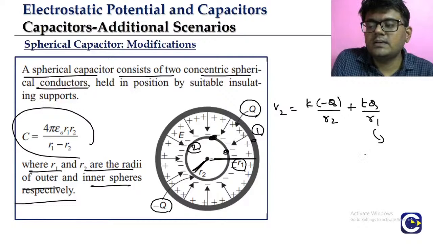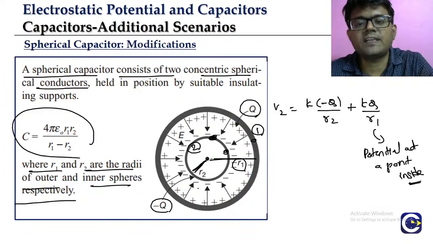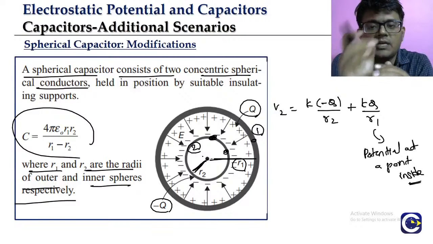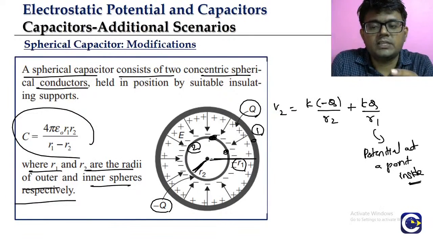This is the potential at a point inside. On the surface of the inner spherical shell, if you take a point, it gets a potential due to the charge on that inner shell.